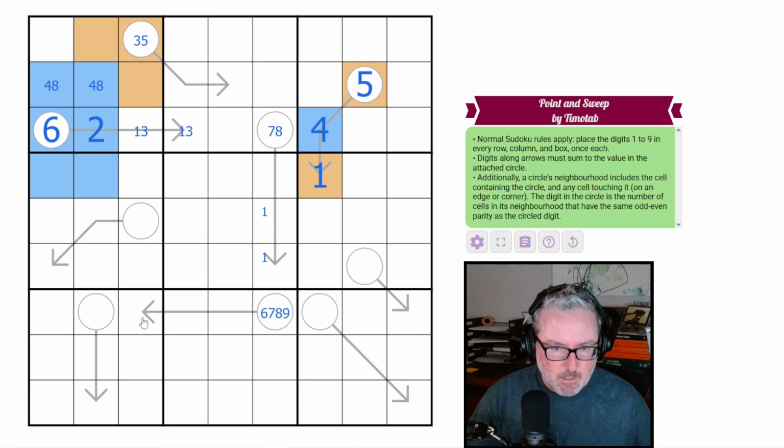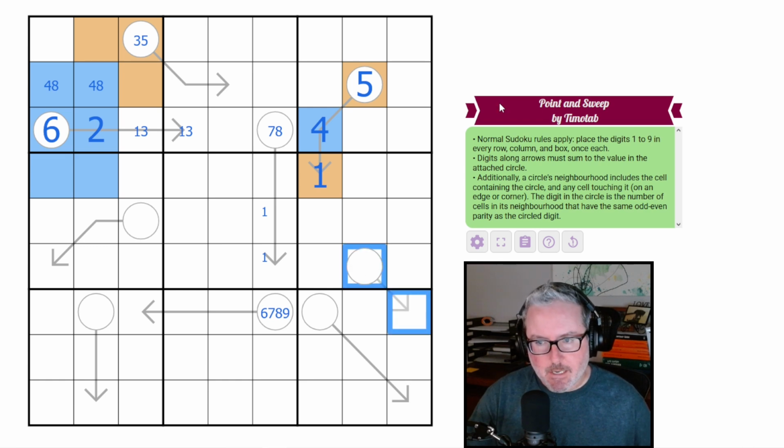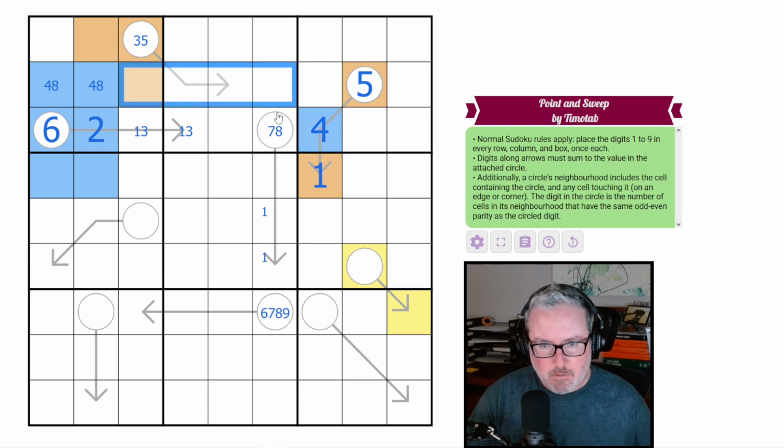Can we say anything about these other ones? I don't know. At least I'm not just seeing it right now. These two are the same digit. I don't know if that really helps us at the moment. Just means that it's one of these 3, but that's, again, not doing a whole lot.